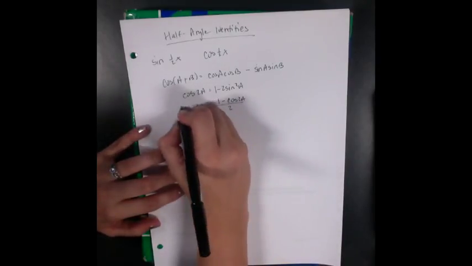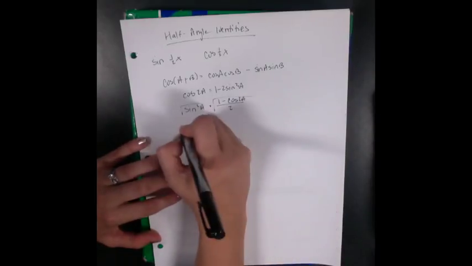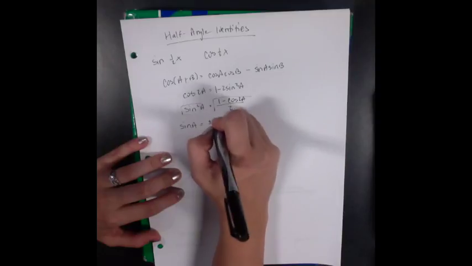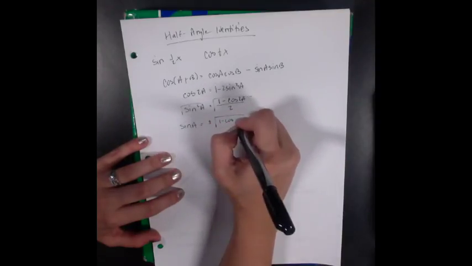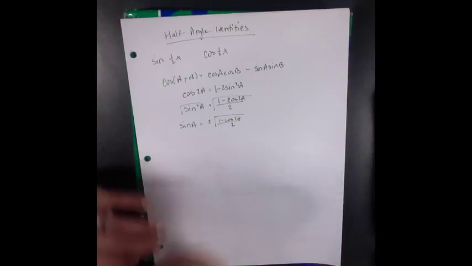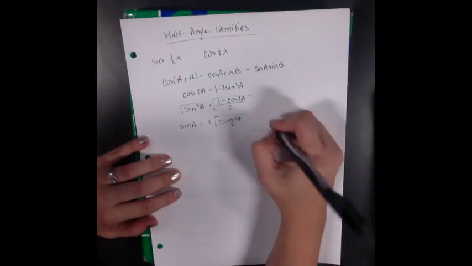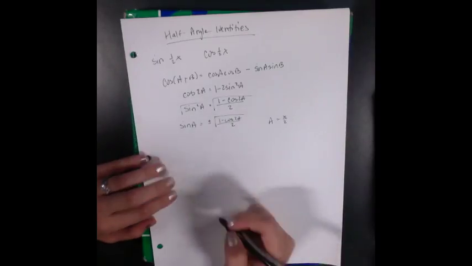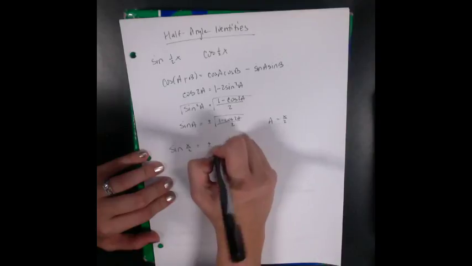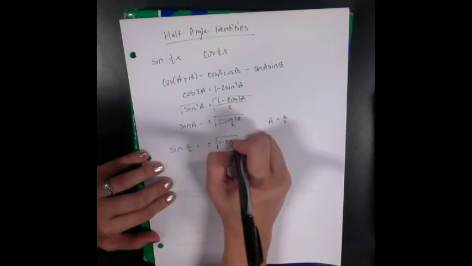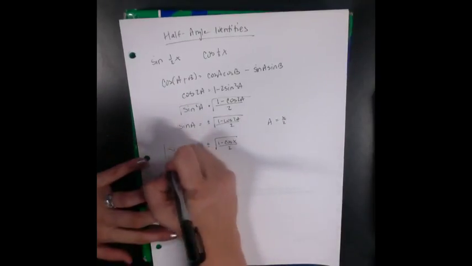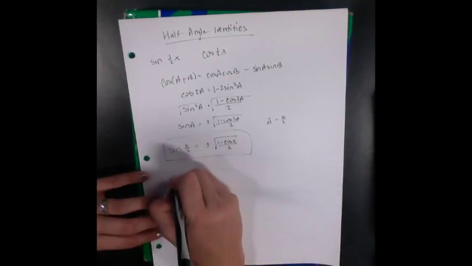So if I solve for the sine and take the square root, I get the sine of a is plus or minus the square root of 1 minus the cosine of 2a over 2. Now, instead of a, let's replace x over 2. So I get the sine of x over 2 is plus or minus the square root of 1 minus the cosine of x over 2. That is one of my new identities.